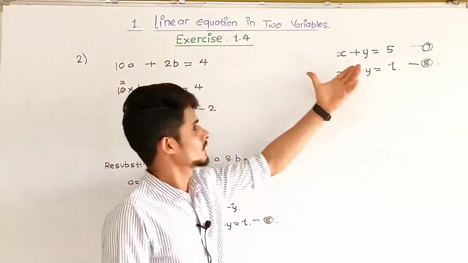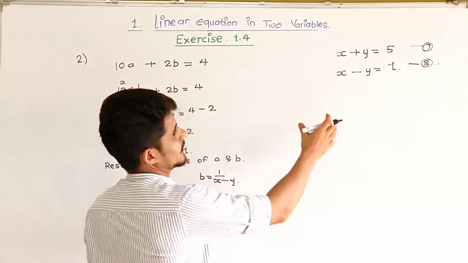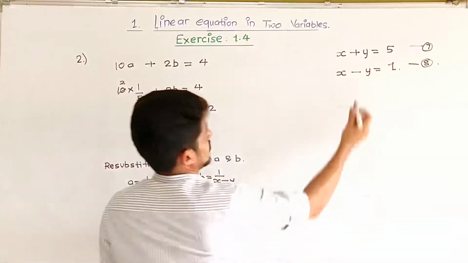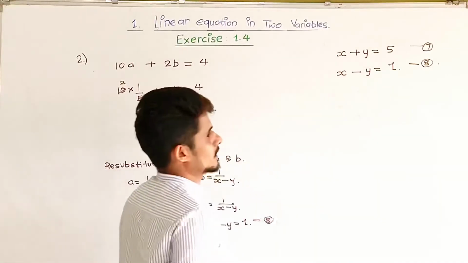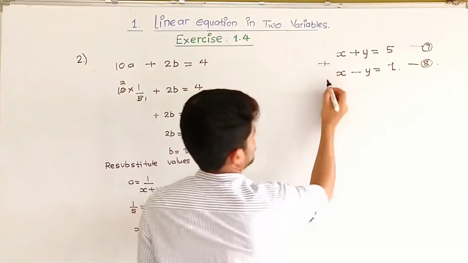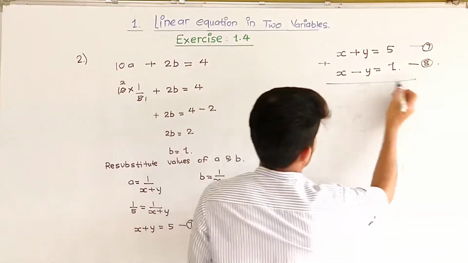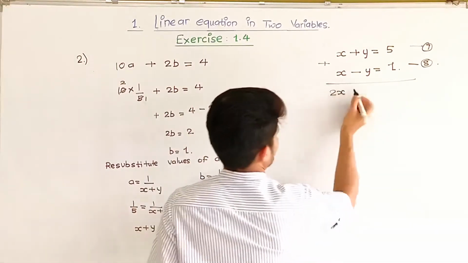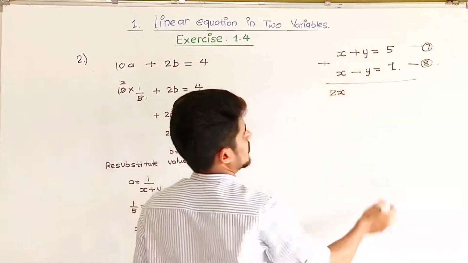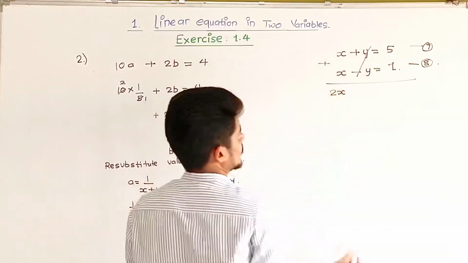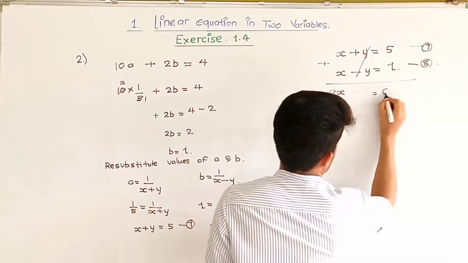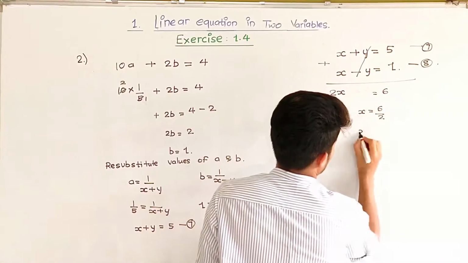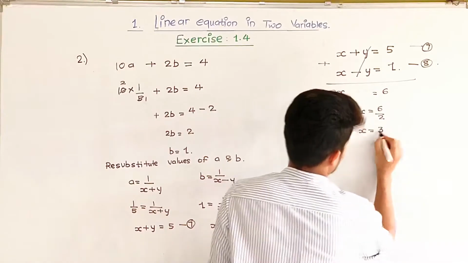If we add equations 7 and 8, the y variable will get eliminated. x plus x is 2x, minus y and plus y eliminate, and 5 plus 1 is 6. So x is equal to 6 by 2, that is x is equal to 3.